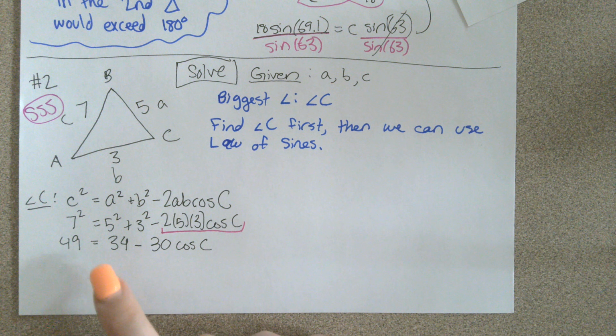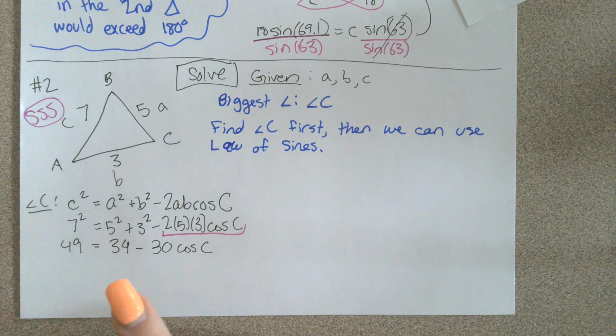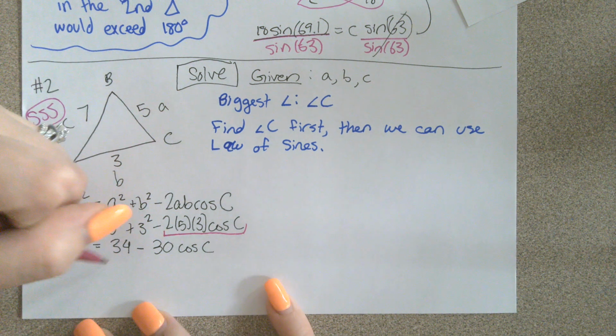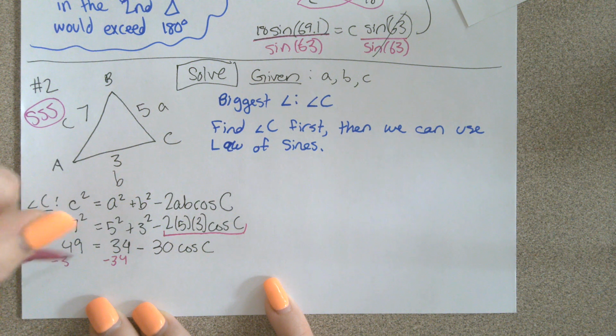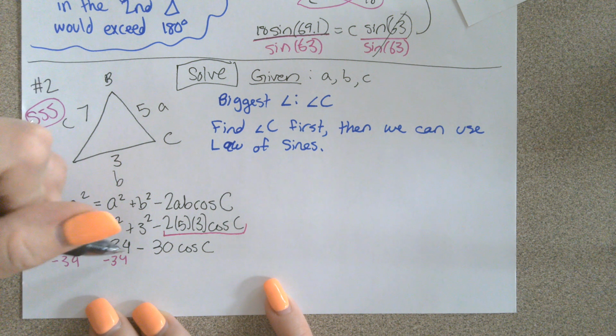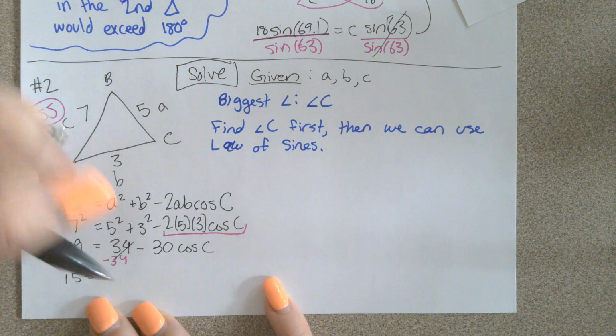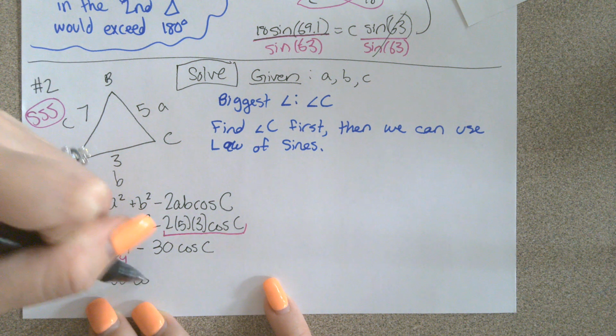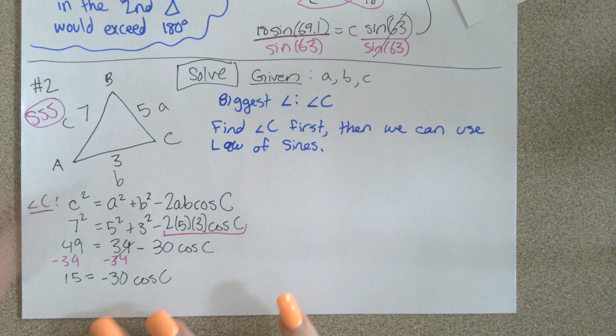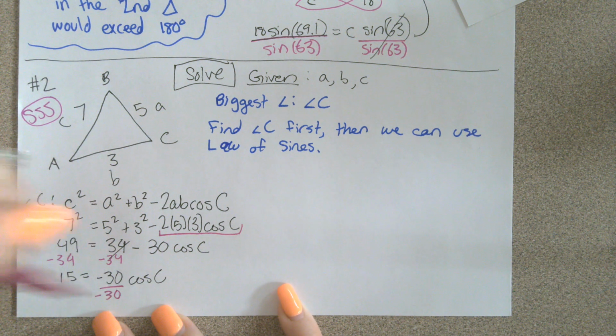And then next, we are going to subtract the 34 from both sides. I will show this one good time. Show my work, if you will. 49 minus 34, this is 15, equals negative 30 cosine of C. I'm going to divide by negative 30 on both sides.